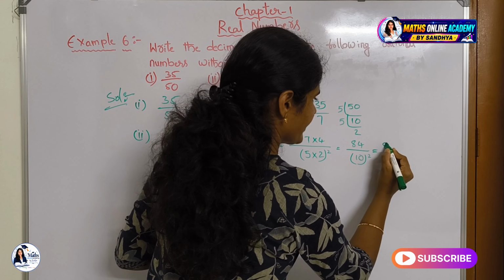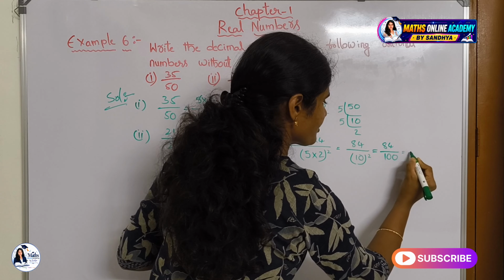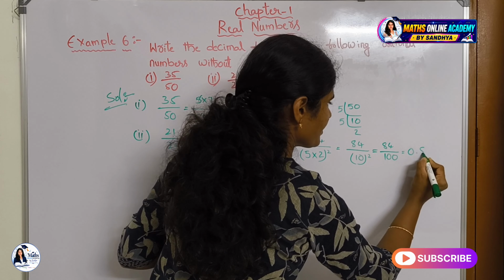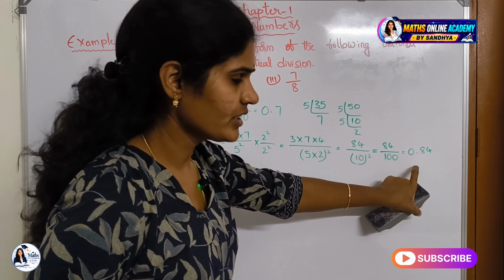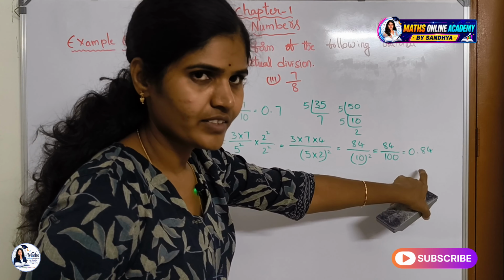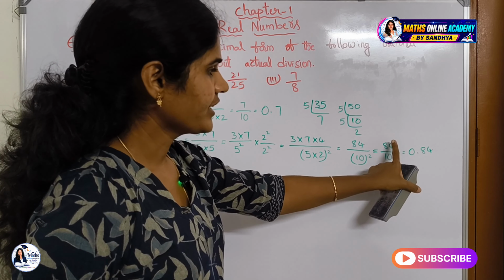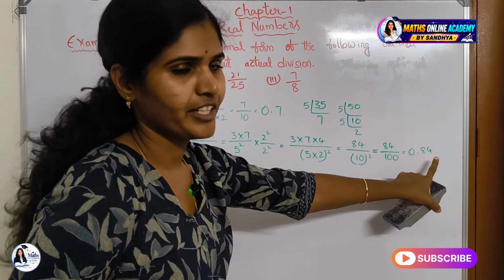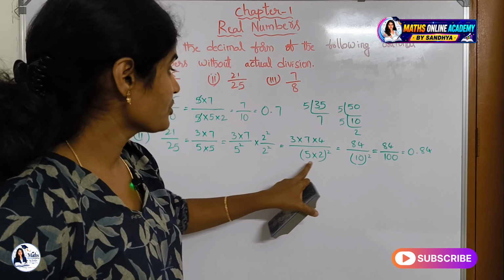So 84 by 100 means you can write 0.84 in decimal form. If you remove the point, you get denominator 100. So 84 by 100 means 0.84.